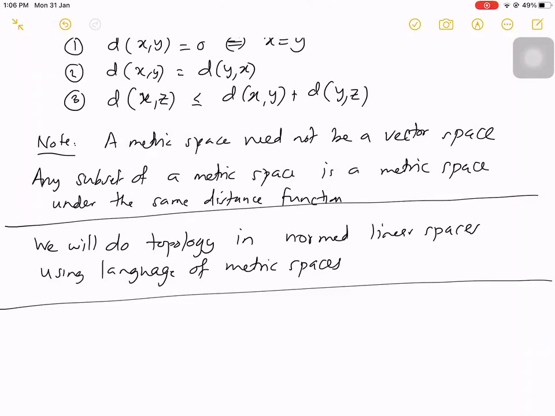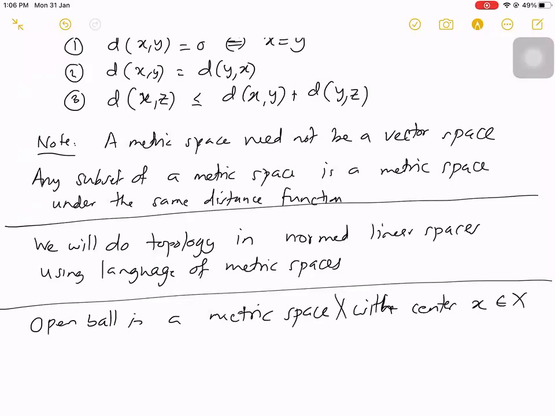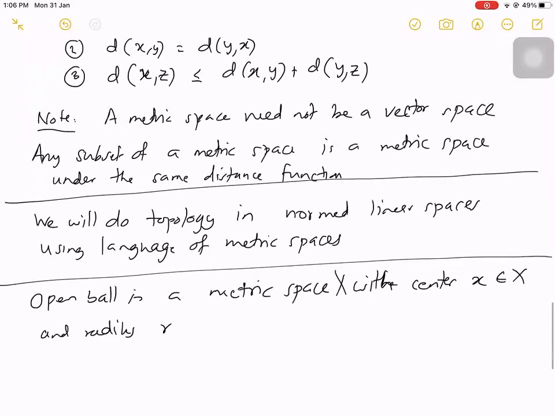So let's first recall the definition of topology. Ball, open ball in a metric space X with center in X and radius R. I made some ad hoc notation, which I will now stick with.